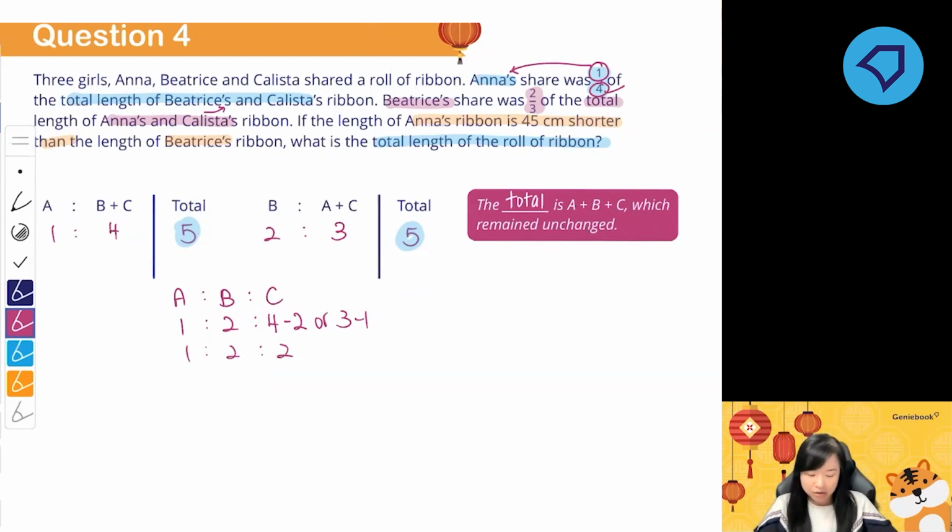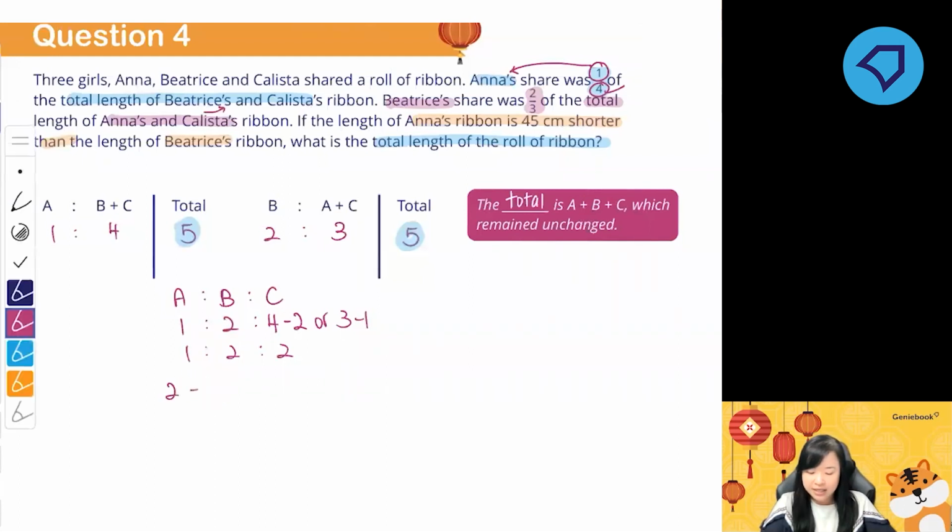Okay, and now let's look at the information. If Anna's ribbon is 45 cm shorter than Beatrice, Anna is 45 cm shorter than Beatrice. Let's compare Anna and Beatrice. How many units is the difference for Anna and Beatrice?